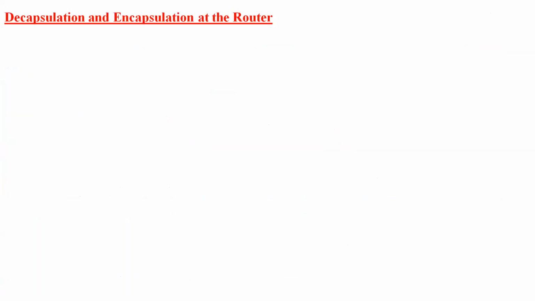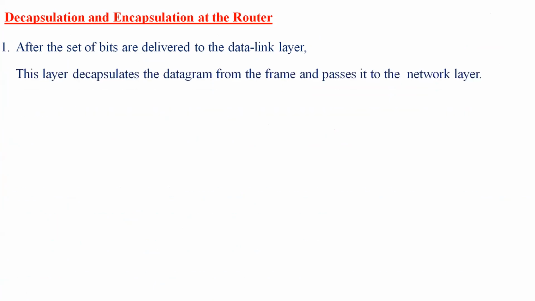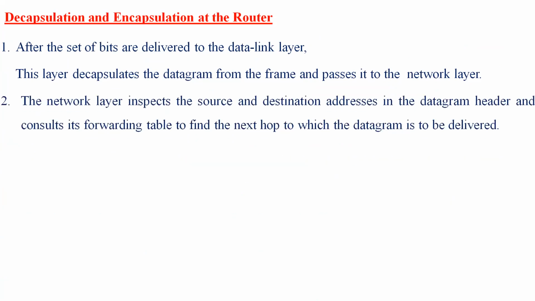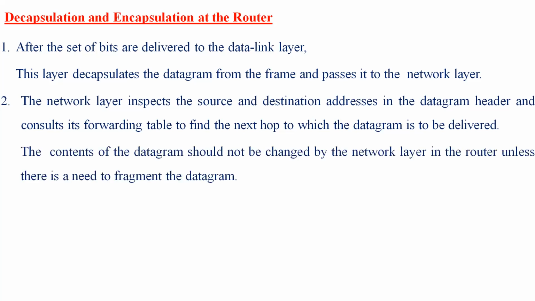So let's see decapsulation and encapsulation at a router. First, after the set of bits are delivered to the data link layer, it decapsulates the datagram from the frame and passes it to the network layer. This network layer will check the source and destination address in the header and consult its forwarding table in order to find the next hop to which the datagram is to be delivered.